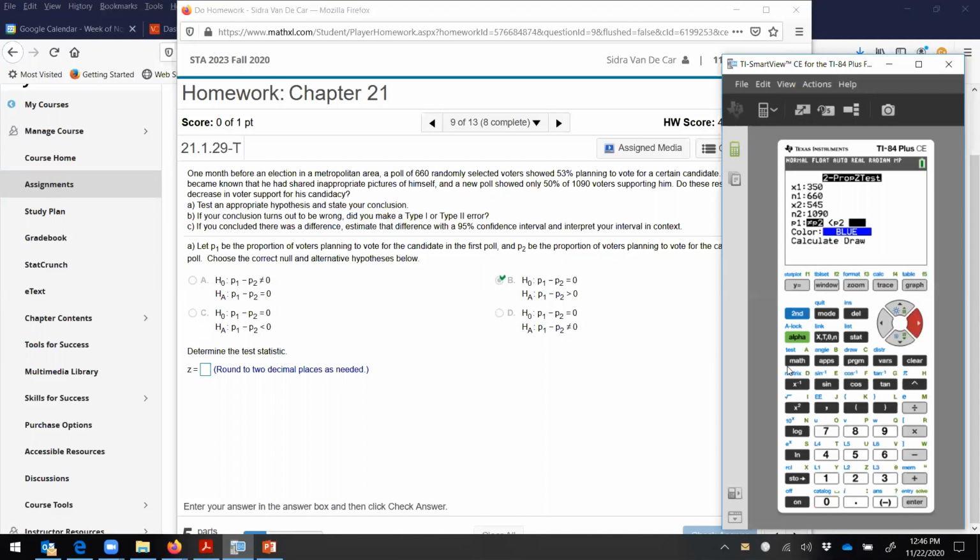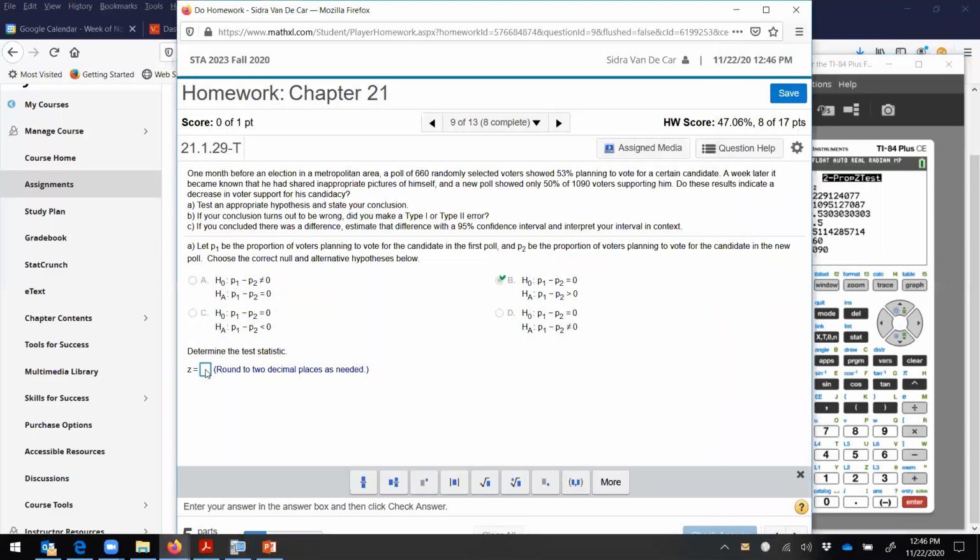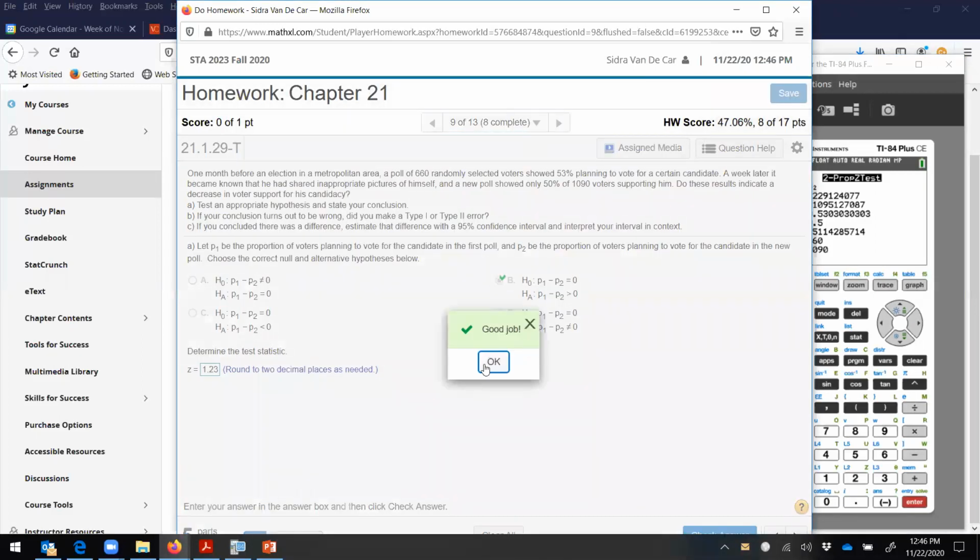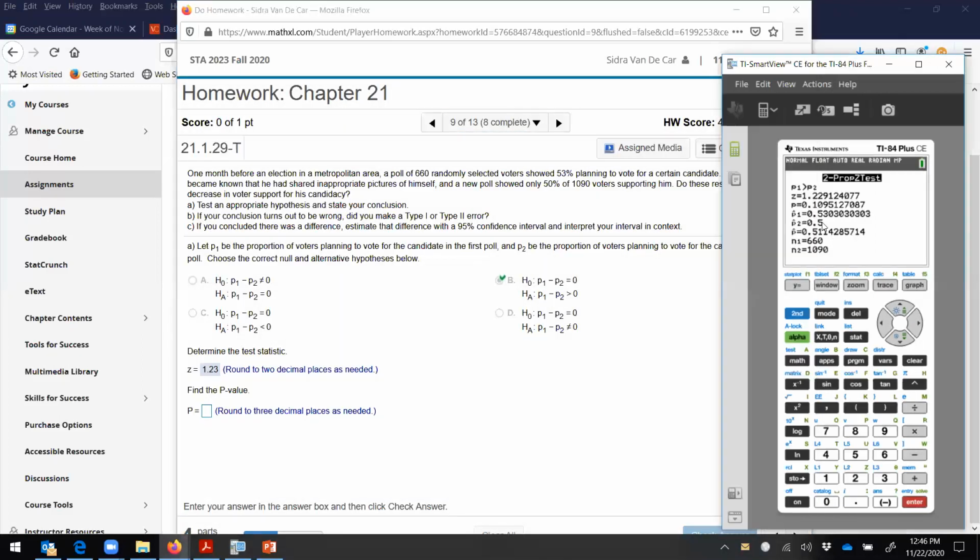I thought P2 was going to be lower. All right, so our Z is 1.23. And the p-value is right here, 0.110.